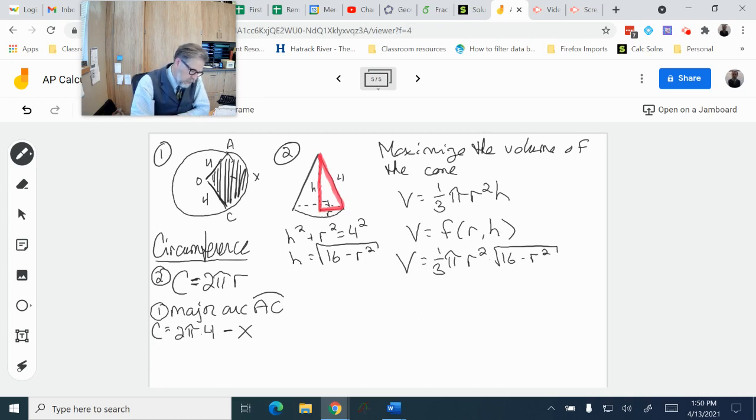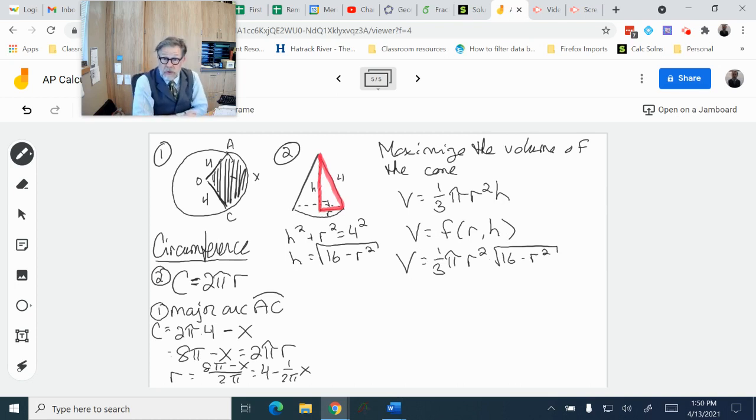So the circumference is equal to 8 pi minus x, but that's equal to 2 pi times r, which means that we can now write the radius in terms of x, which is (8 pi minus x) over 2 pi, which is 4 minus 1 over 2 pi x.